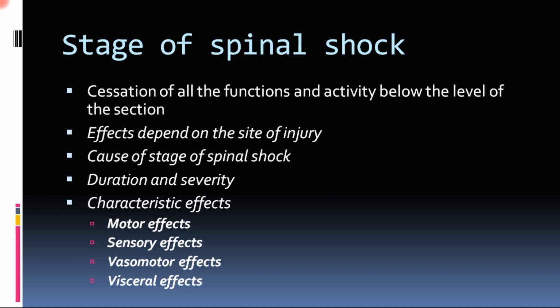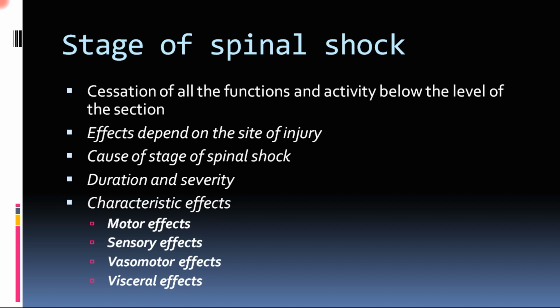Now the characteristic effects of the spinal shock. All of these effects will be seen in case of spinal shock. What will be the effects? The motor effects, that means the motor deficit which will be created below the level of transection. The sensory deficit, what will be felt below the level of transection. Vasomotor effect, that means the sympathetic system which is supplying the vessels, the smooth muscles of the vessels.